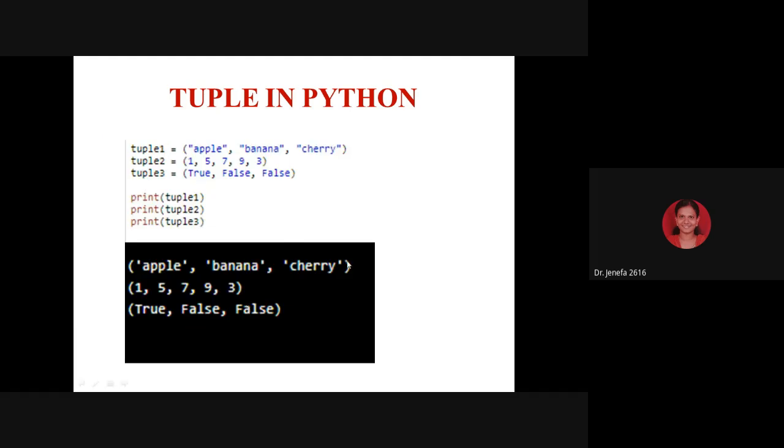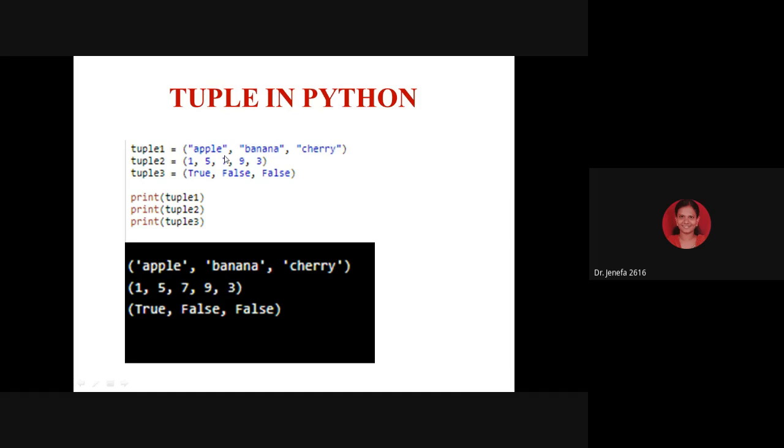So this is the output that we got from the previous program. I have stored different data types in each variable. Tuple 1 represents the string data type, and tuple 2 represents the integer data type. Tuple 3 represents the boolean data type. When I try to print the values of tuple 1 to tuple 3, I get the values which I have assigned to each tuple variable.